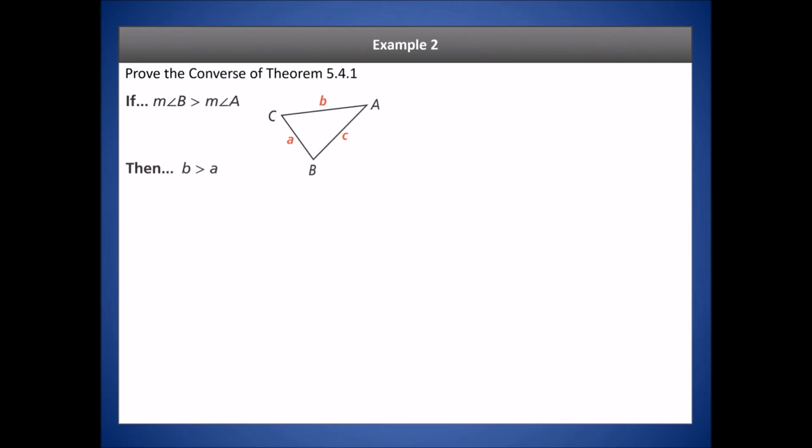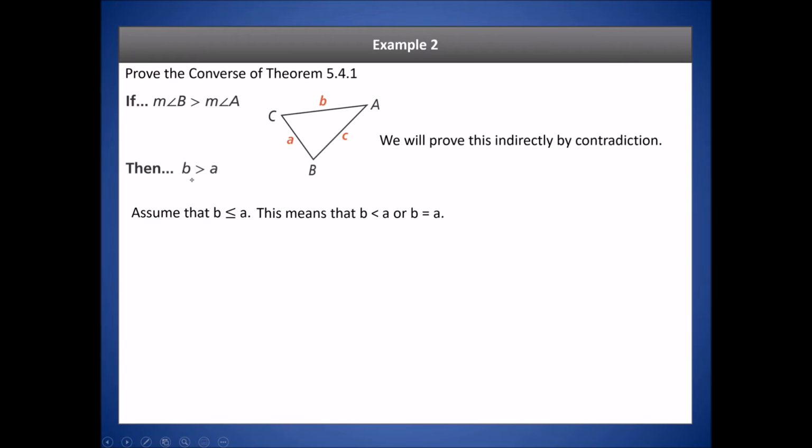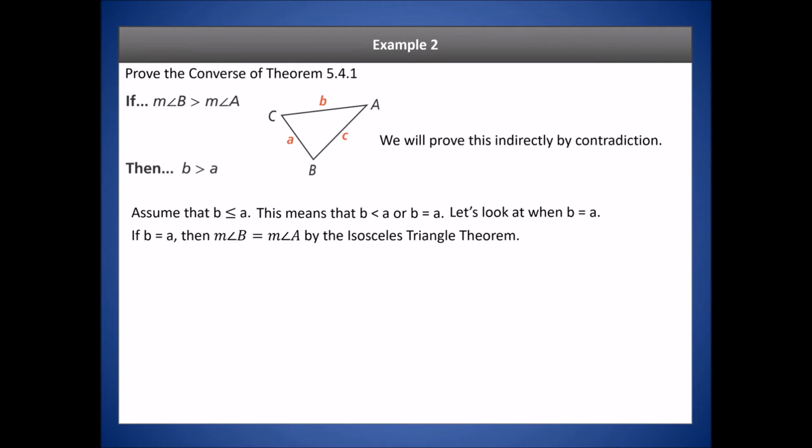Now, to prove the converse of this theorem, we're going to prove this indirectly. We're going to do it by contradiction. Remember that to prove something by contradiction, you have to assume that whatever the conclusion of the theorem is, its opposite is true. So we're not concerned with it being greater than A. We're actually concerned with it being less than or equal to A. So let's assume that.